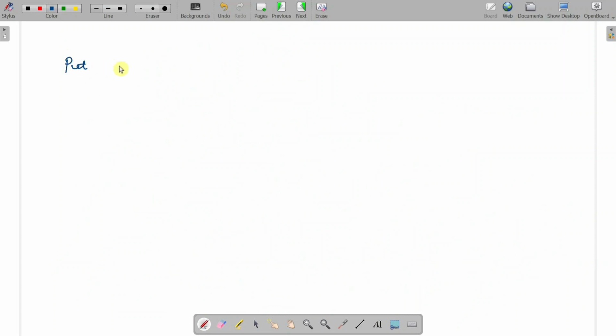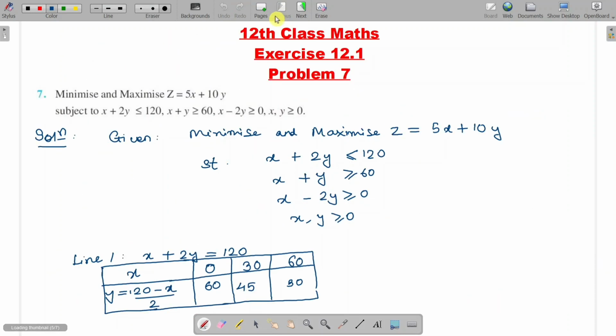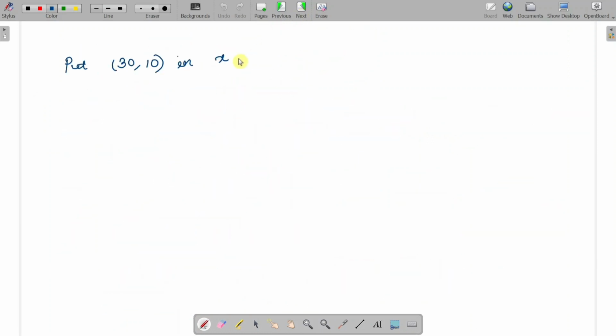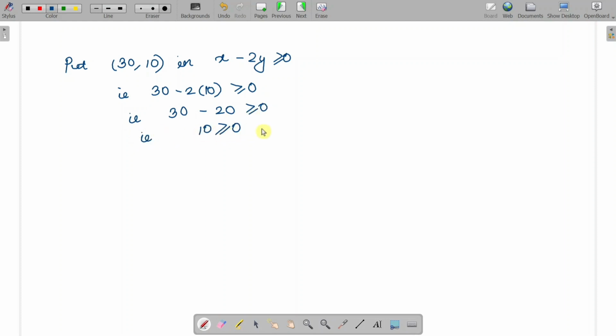So put 30, 10 in which inequality? This one, x minus 2y greater than or equal to 0. So that is 30 minus 2 times 10 greater than or equal to 0, right? That is 30 minus 20 greater than or equal to 0, and so 10 is greater than or equal to 0. So this is true.